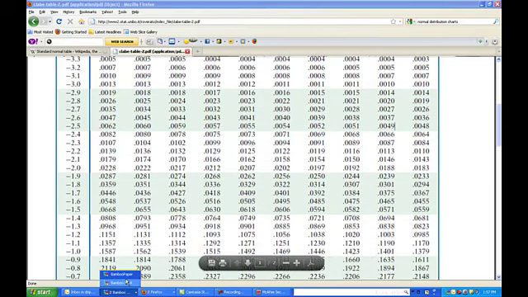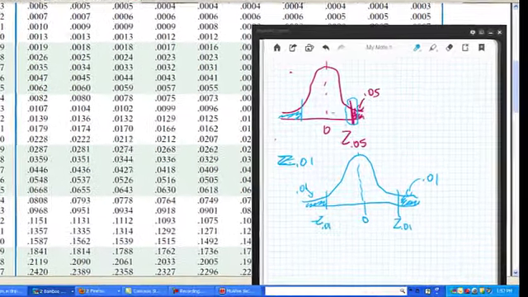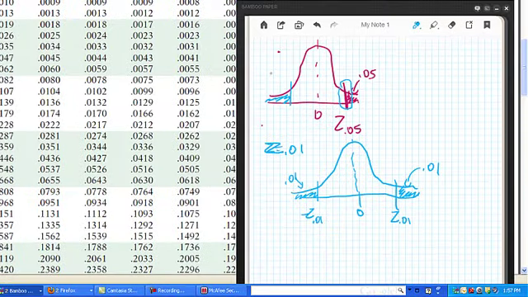So when I stumble back over here onto my paper, remember, what the table's giving me right now is z equals negative 1.6. Now I'm going to split the difference and just say negative 1.645. However, remember, we want the z such that this alpha value to the right corresponds to the area. So it's easy.